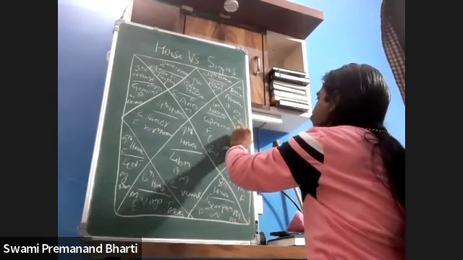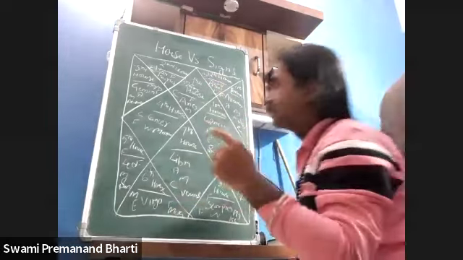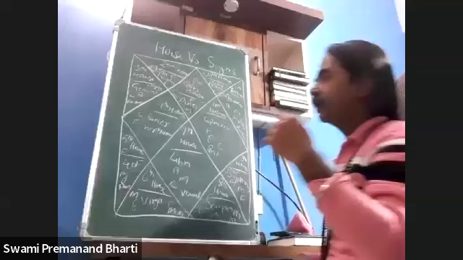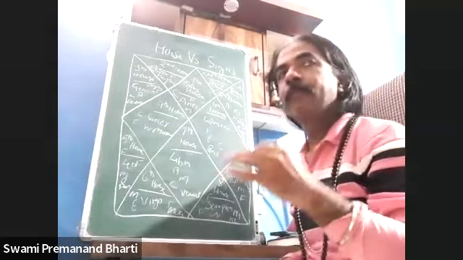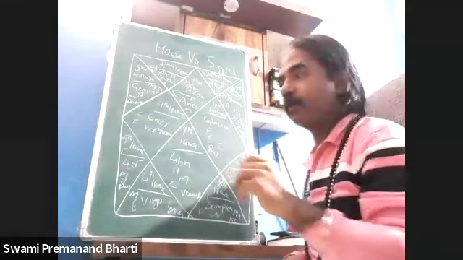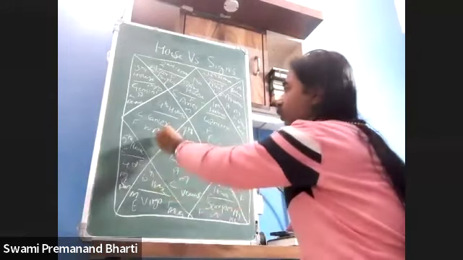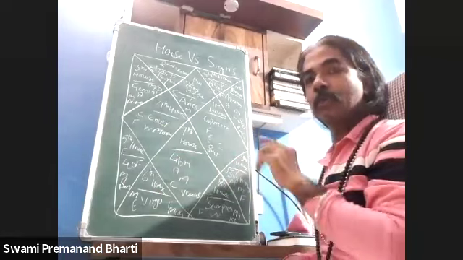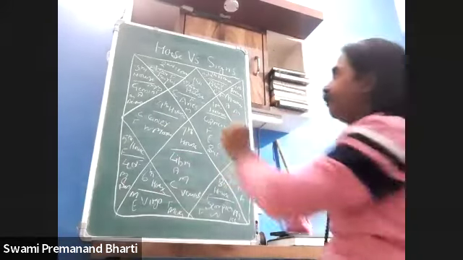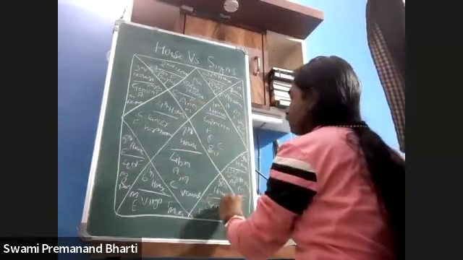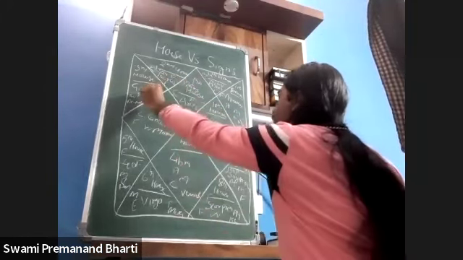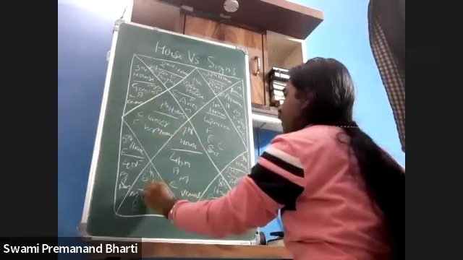So if we see, Sun and Moon, they only rule over one sign. Sun rules over Leo, Moon rules over Cancer. All other planets are ruling over two signs. Mars rules over Aries and Scorpio. Venus rules over Taurus and Libra. Mercury rules over Gemini and Virgo.